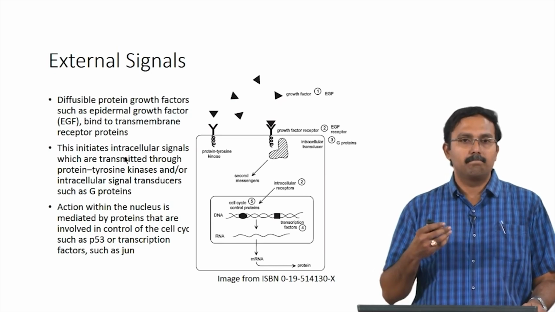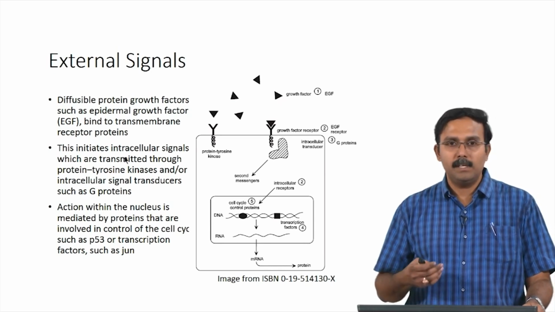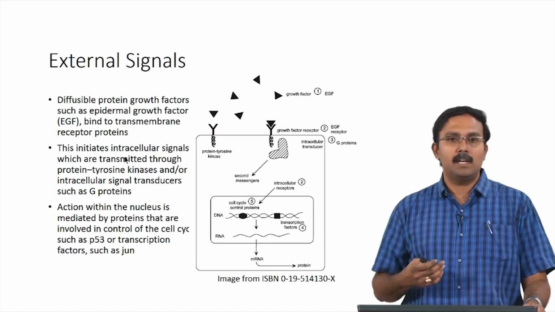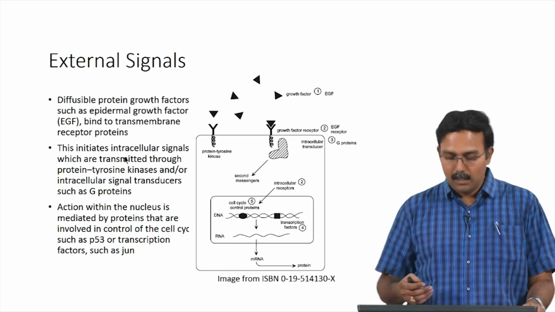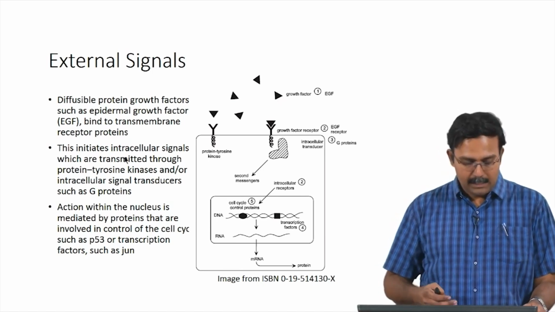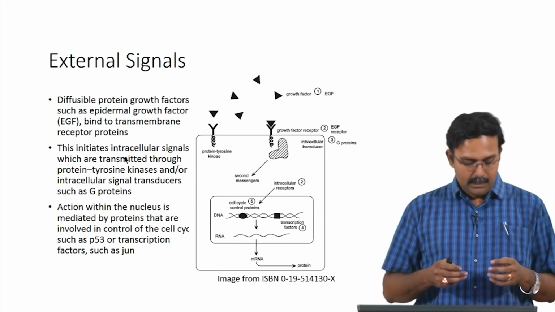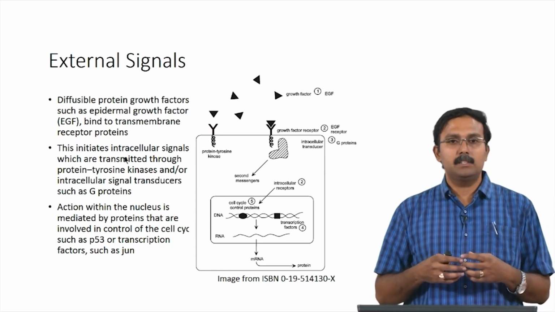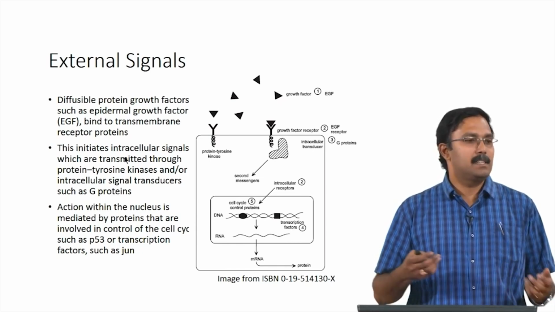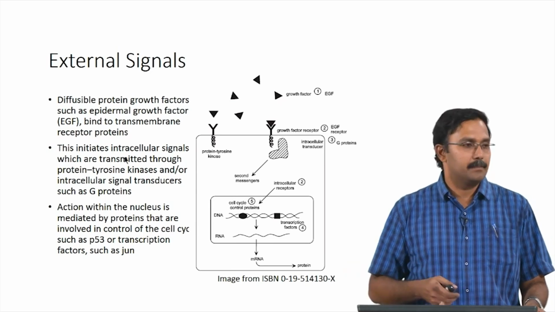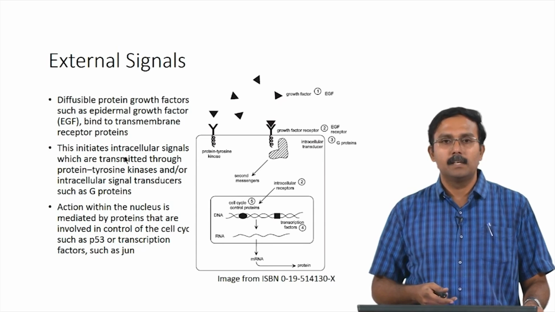This initiates an intracellular signal transmitted through protein tyrosine kinase or other intracellular signal transducers like G protein. Then there is an action within the nucleus which causes the expression of certain transcription factors, which results in the cells getting differentiated. So, this is what you see with external signal stimuli.